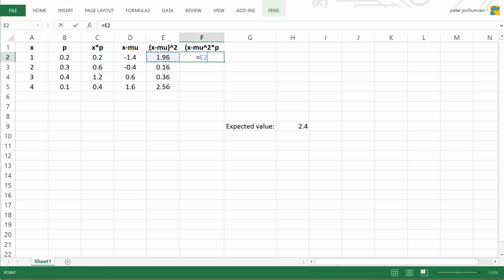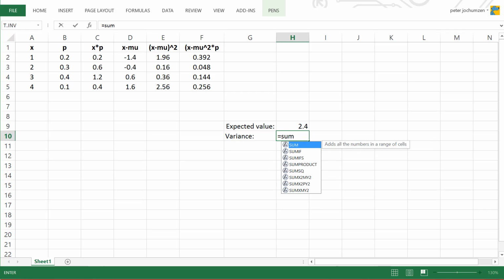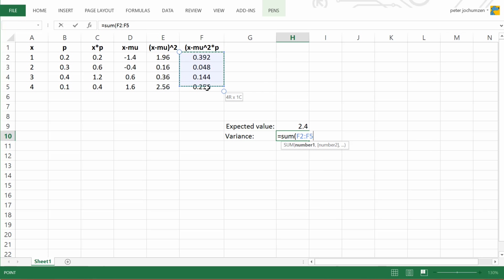To get the weights we multiply with the probability, copy down, and now we have the column we need to calculate the variance. So the variance is then simply the sum of these terms. The variance for this particular random variable is 0.84.